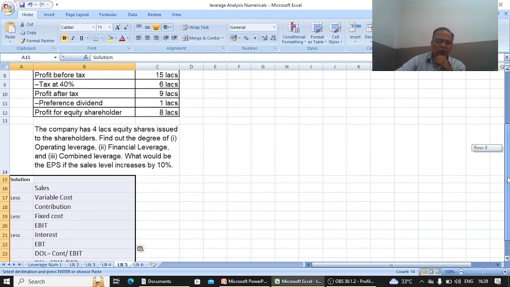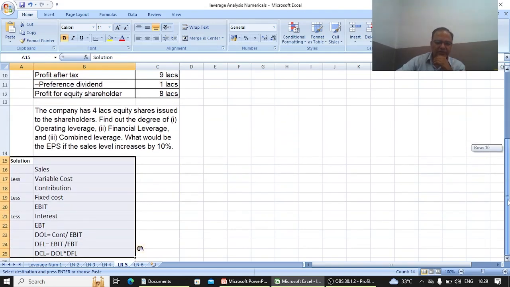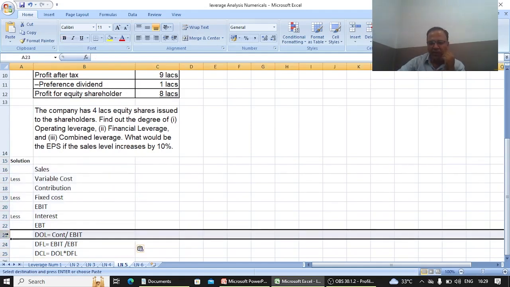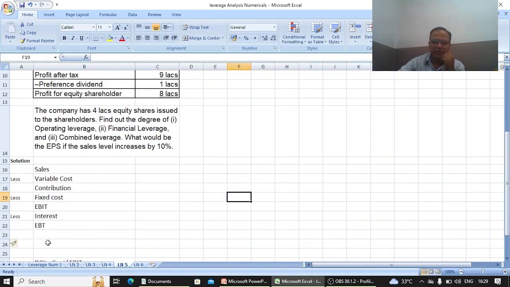Here you have to find out EPS, so we have to insert something more. After EBT, you have to insert some slides. EBT.